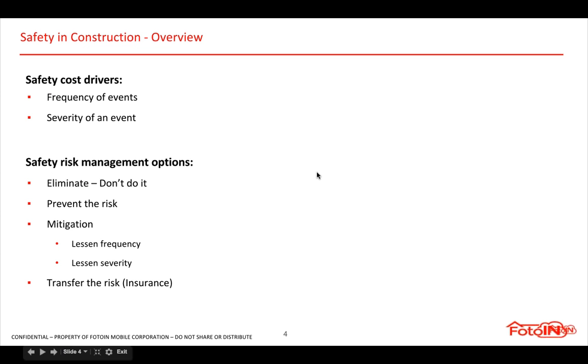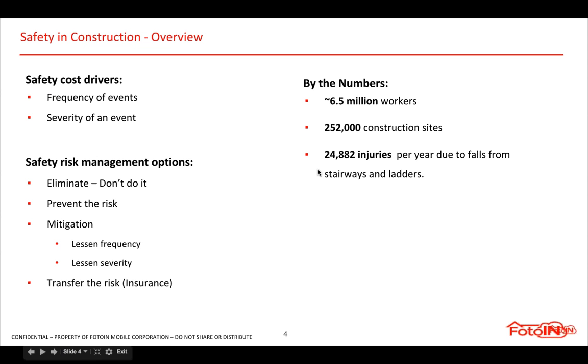So as we talk about the importance of safety, and obviously that it impacts the bottom line, especially when it's not done appropriately, let's look at some of the numbers and why it's such a complex subject in construction. So basically 6.5 million workers, if not more, over 250,000 construction sites on an annual basis, almost 25,000 injuries per year.